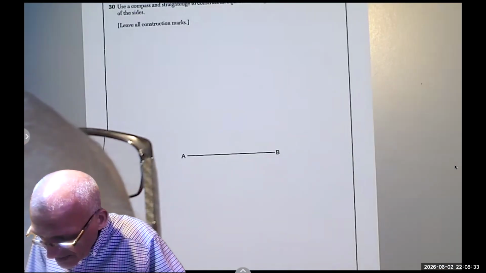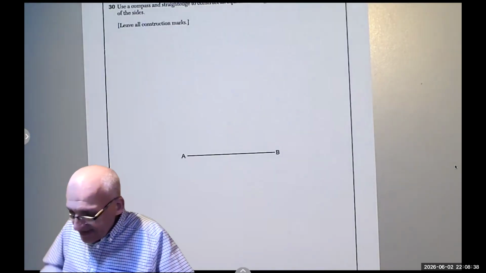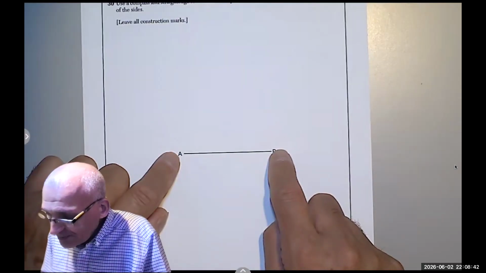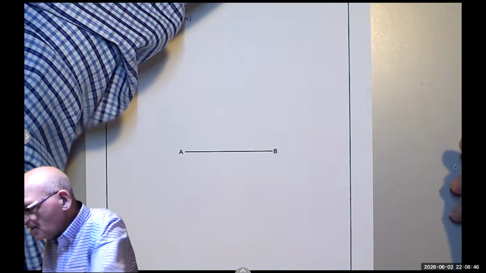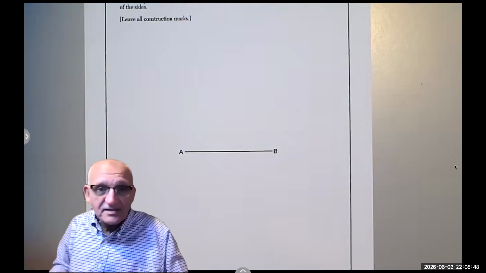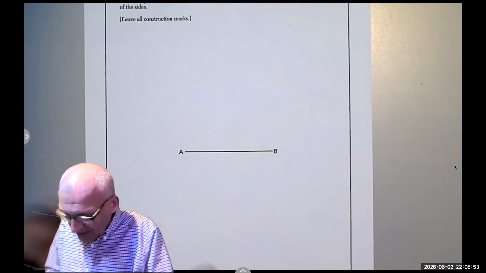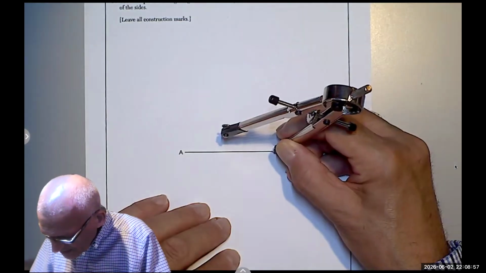Use a compass and a straightedge to construct an equilateral triangle with AB, that segment shown below, as one of the sides. That should be an easy one. We know the equilateral triangle has all the sides equal. So you need to measure that. So we are going to use the compass.